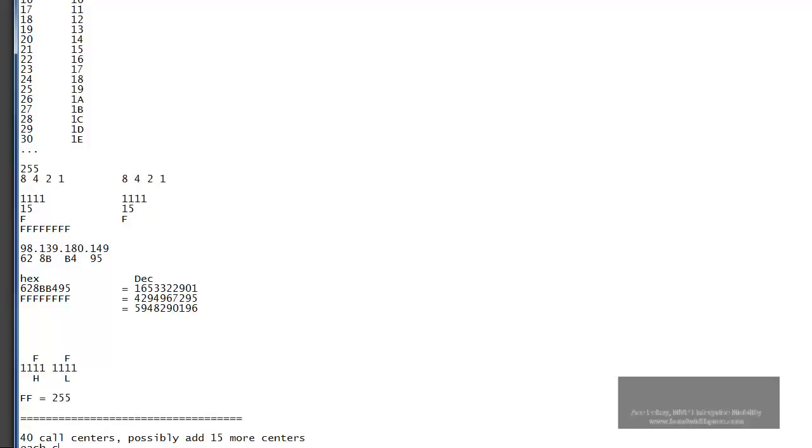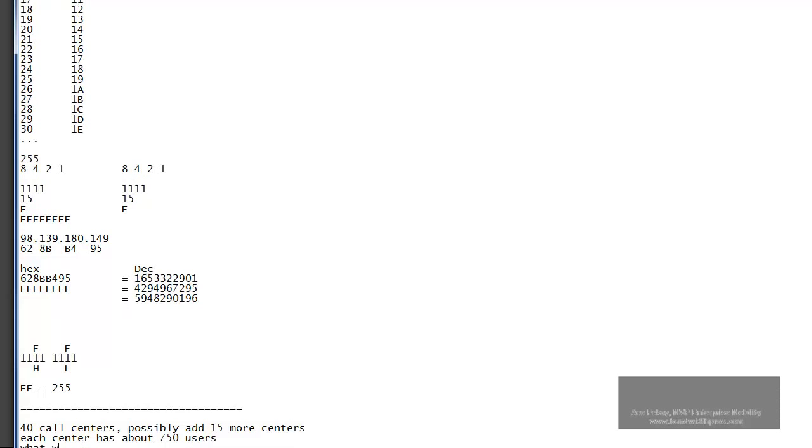Each center has about 750 users. I mean IPs, servers, everything else. What will the range be? And how many possible max subnets can I get out of it?